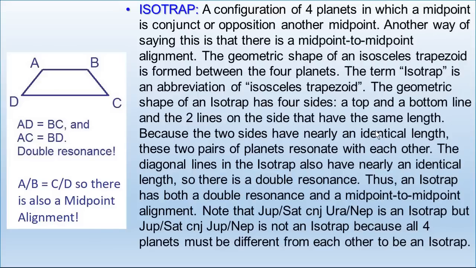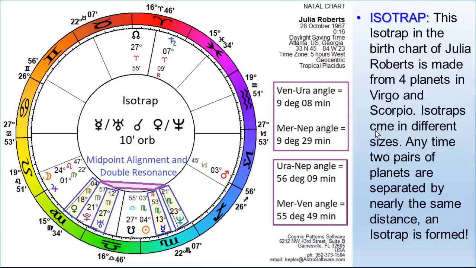It's just a lot more words. People like to use these nice, concise terms, so you don't have to say all that. Midpoint to midpoint alignment is what we have in an isotrap.